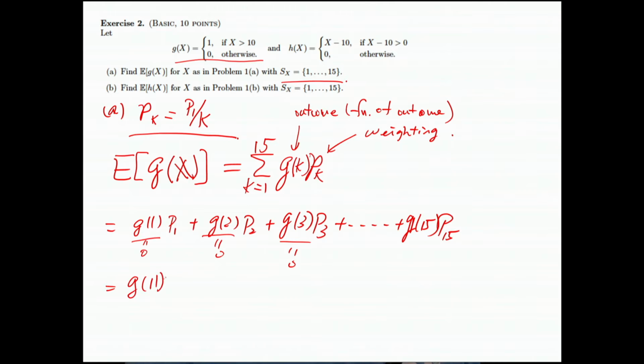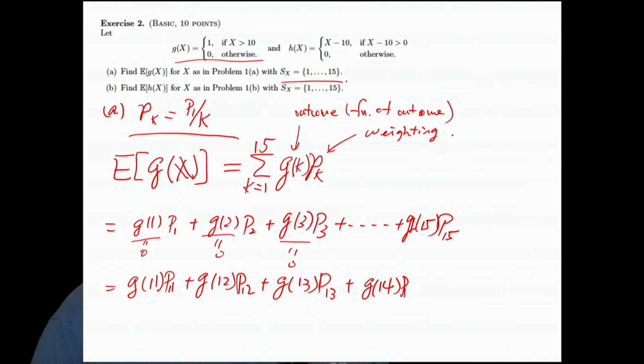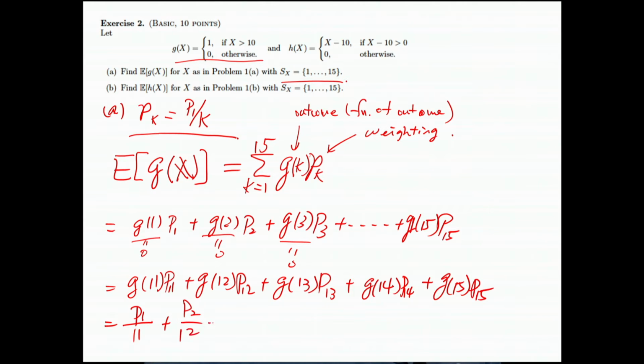So it's g11 p11 plus g12 p12, plus g13 p13, and g14 p14, and g15 p15, which is p1 divided by 11, p2 divided by 12, p3 divided by 13, plus p4 divided by 14, and p5 divided by 15.